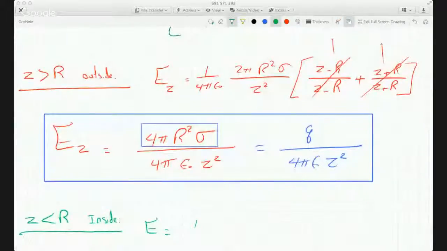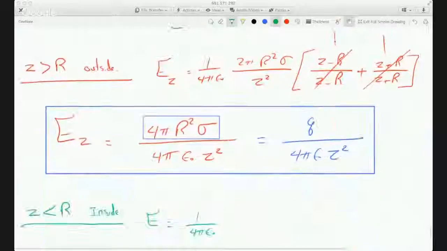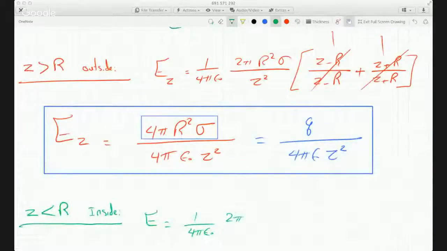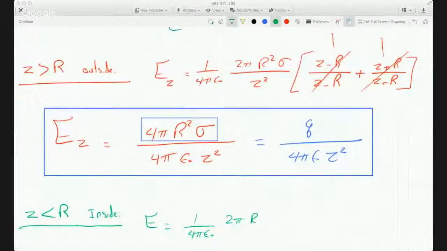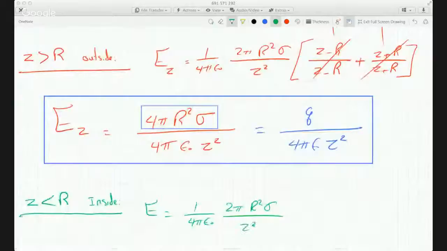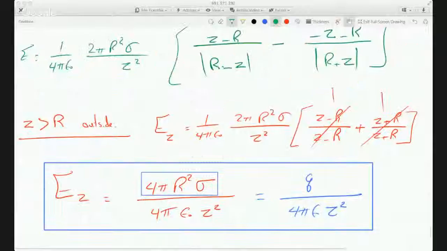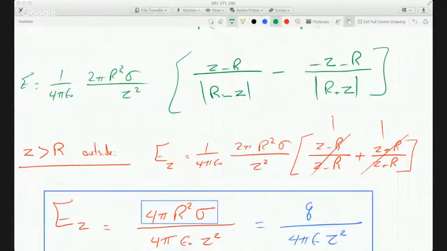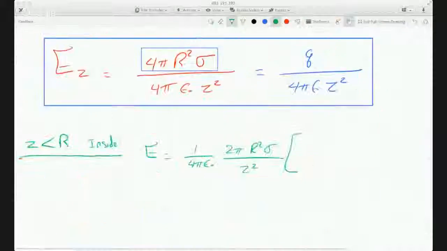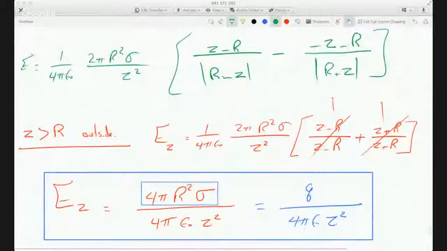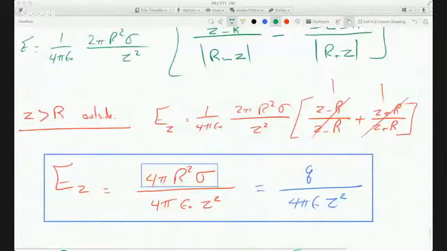So we get 1 over 4 pi epsilon 2 pi r squared sigma over z squared. Now the absolute value of r minus z, if z is less than r, becomes r minus z.